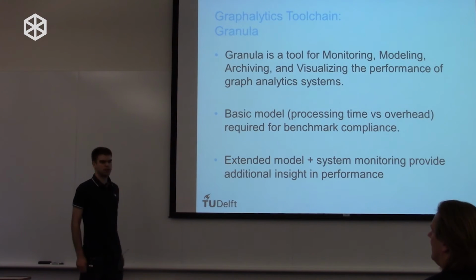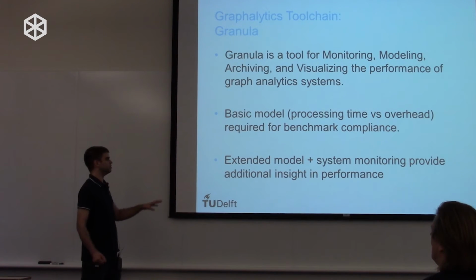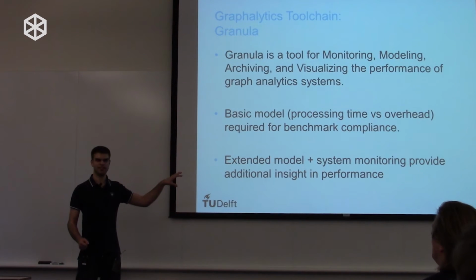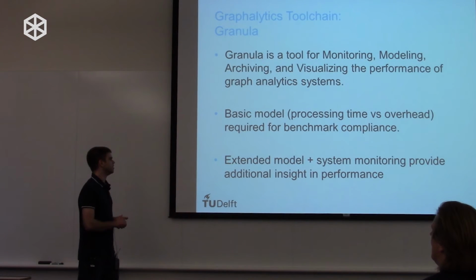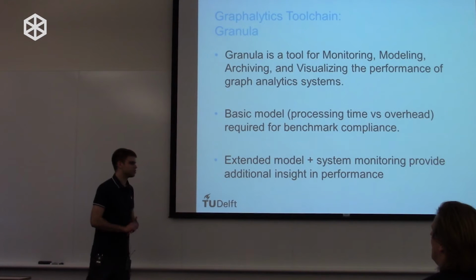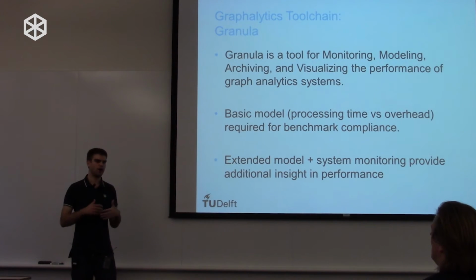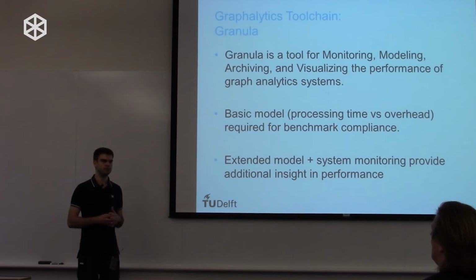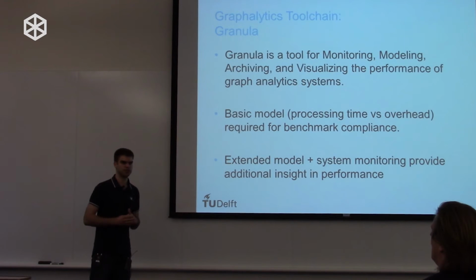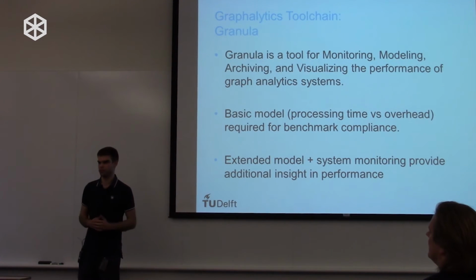So for benchmark compliance, we require a very simple model that's able to distinguish between processing time and overhead. That's something that any system should be able to provide. Extended models and system monitoring are only to help system developers, or users rather, to figure out the performance of their systems and to better understand where they might be losing performance.